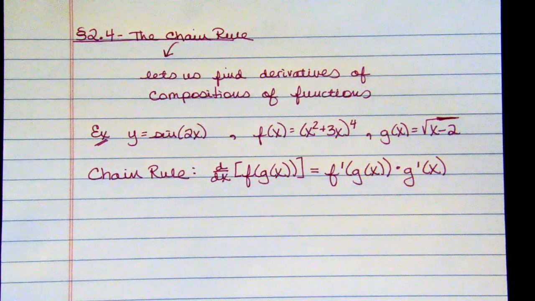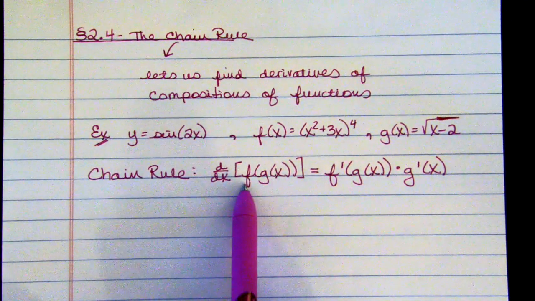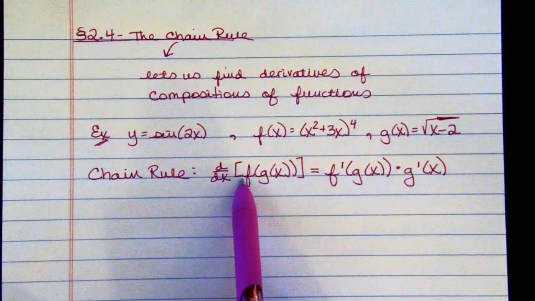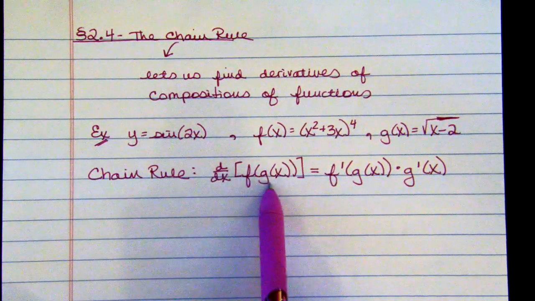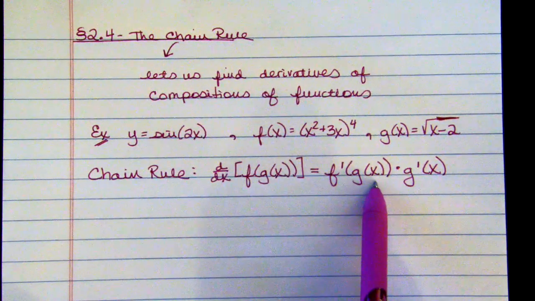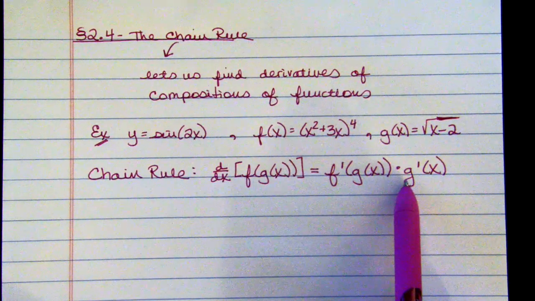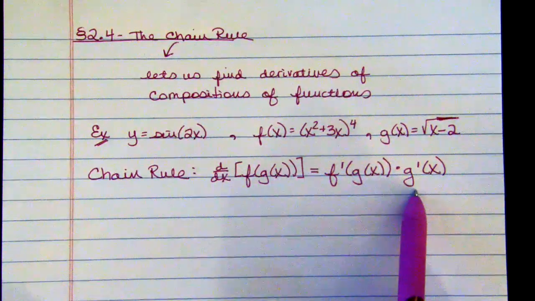Take a moment and copy that down. What this rule says is if I want to do the derivative of f of g of x, some function inside some other function, I'll take the derivative of my outside function, leaving the inside part inside there. And then I'm going to multiply it by the derivative of the thing that's inside.